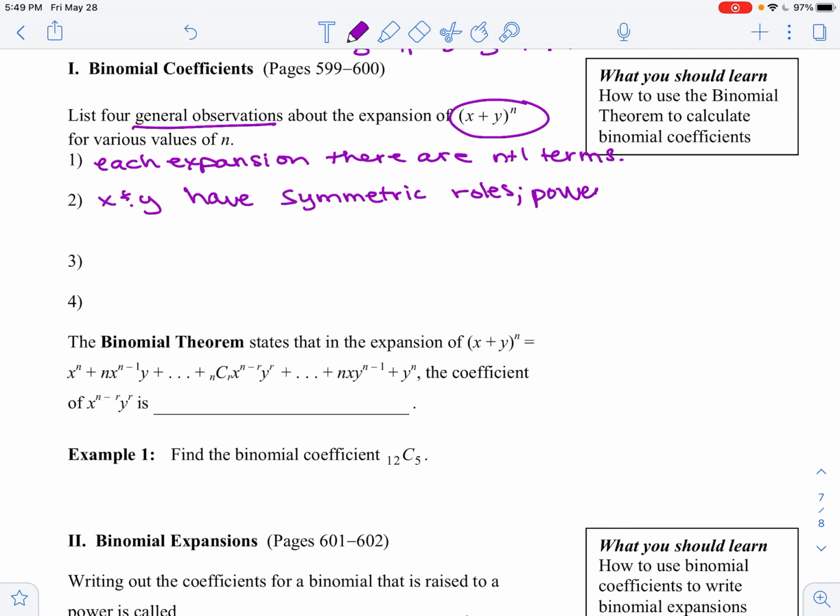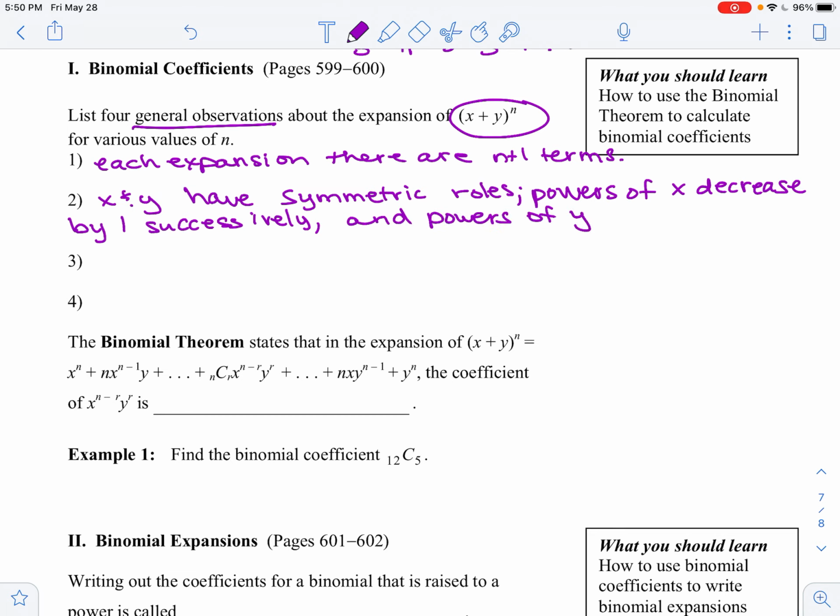That powers of x decrease by 1 successively, and powers of y increase by 1 successively.